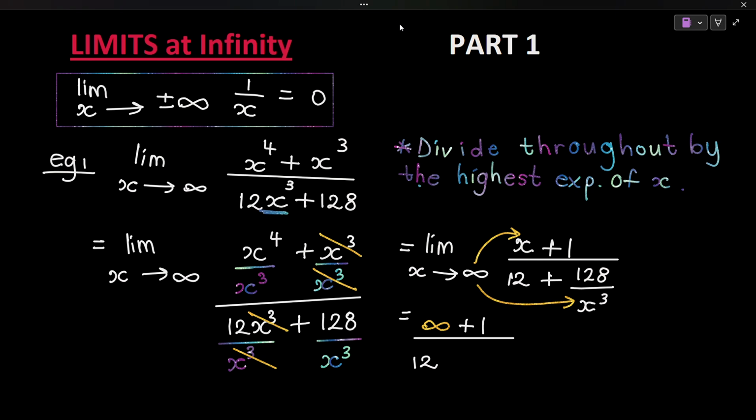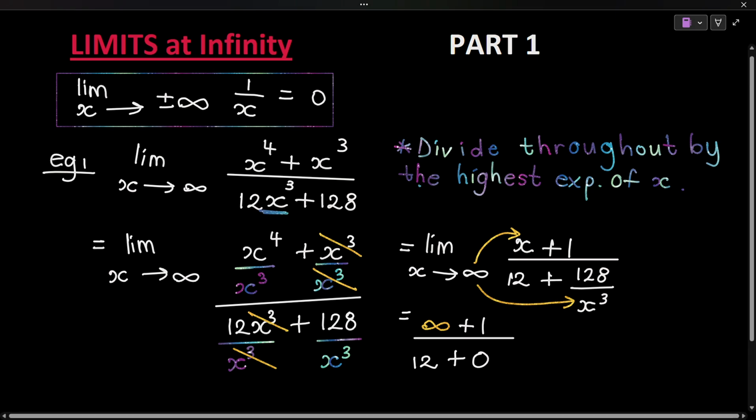And when we substitute infinity in place of x cubed, we know that 1 over x approaches 0. So this term is just going to be 0 immediately. You can show 128 over infinity cubed, but I'm just going to make use of the rule straight away and let that equal 0. Now, if we simplify this, in our numerator we have infinity plus 1.